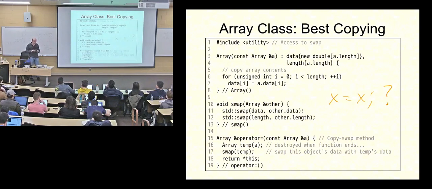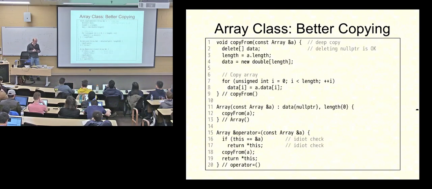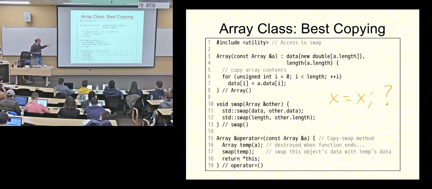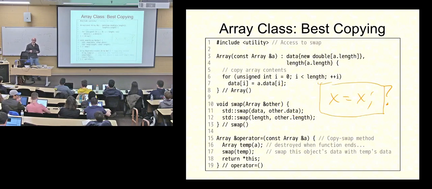So it used to be everybody paid an idiot check of cost O of 1. Now, in the new copy swap method, most people pay no cost of an idiot check. But when someone does an idiotic move like self-assignment, what's the cost?